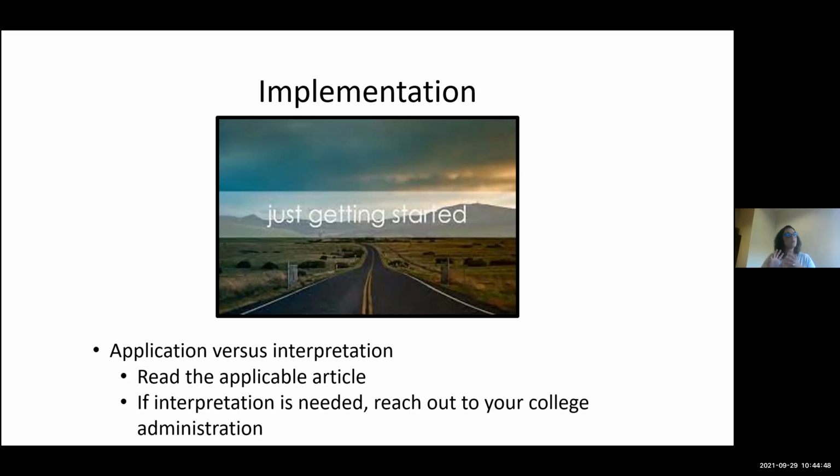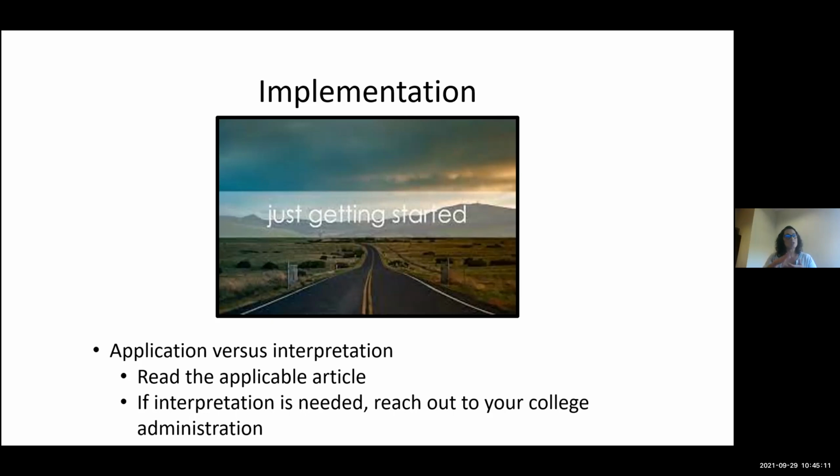Also understand when you're in application or interpretation of the contract. A good example of that is the application of parental leave for research faculty. That was an issue that I think the School of Engineering brought to our attention, and we reviewed and interpreted the contract article. That's why I highlighted some of those provisions today.